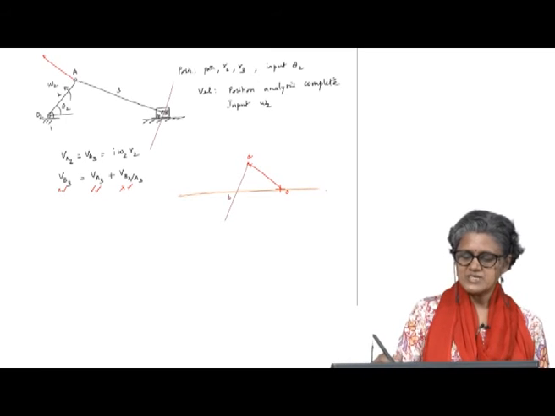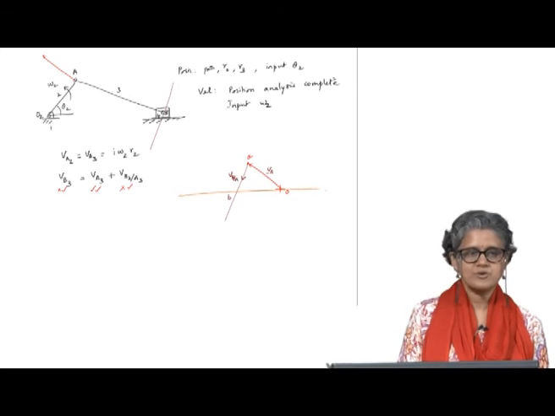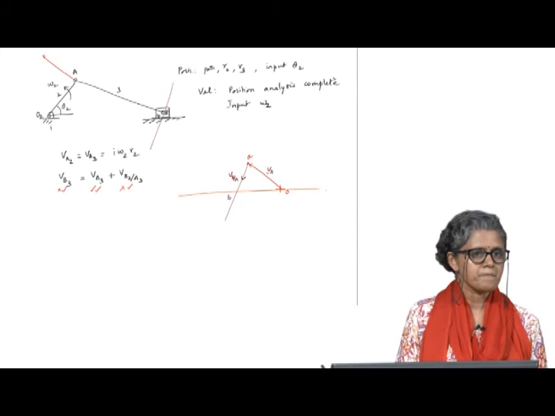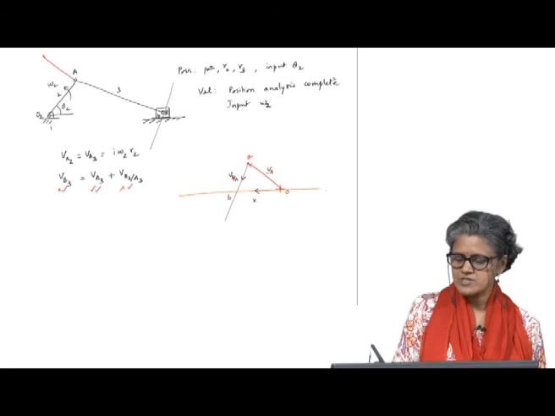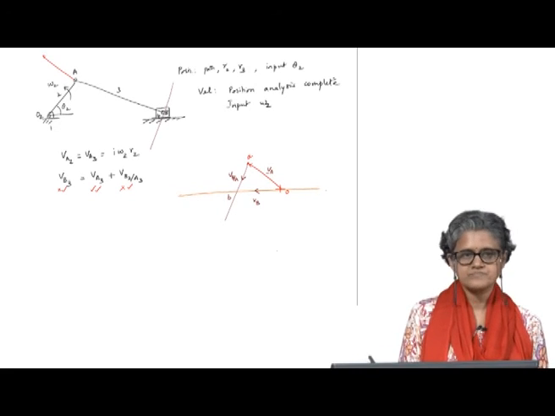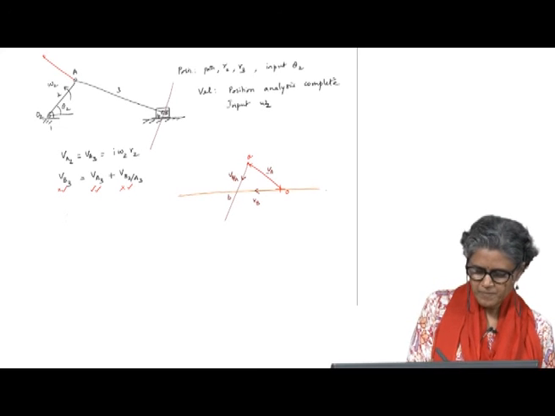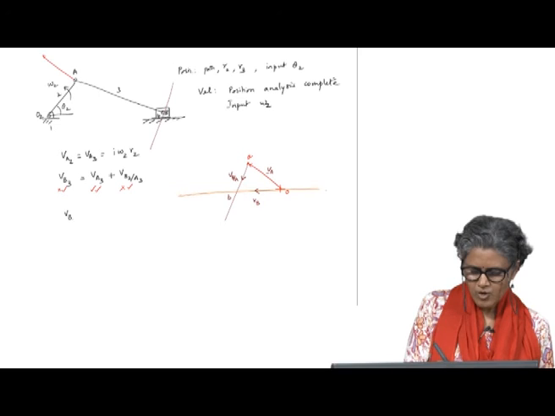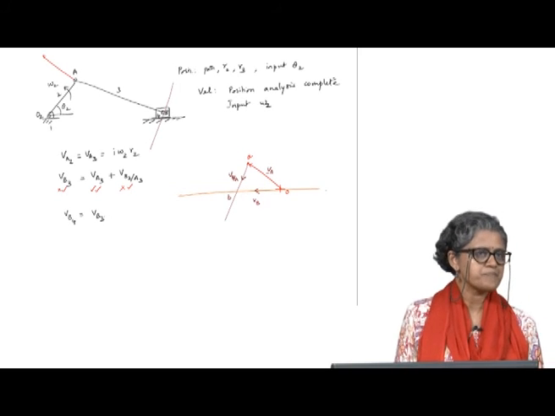Now, this is the velocity of A, this will be the velocity of B relative to A, which means this is the velocity of B, where velocity of B on body 4 is the same as the velocity of B on body 3.